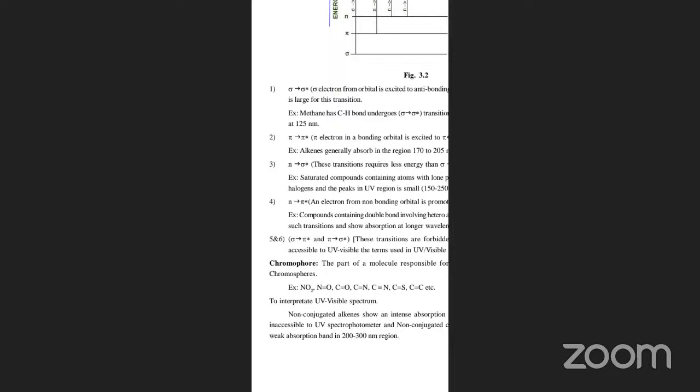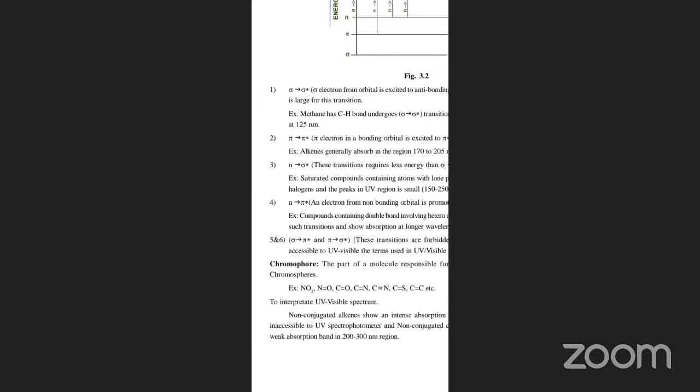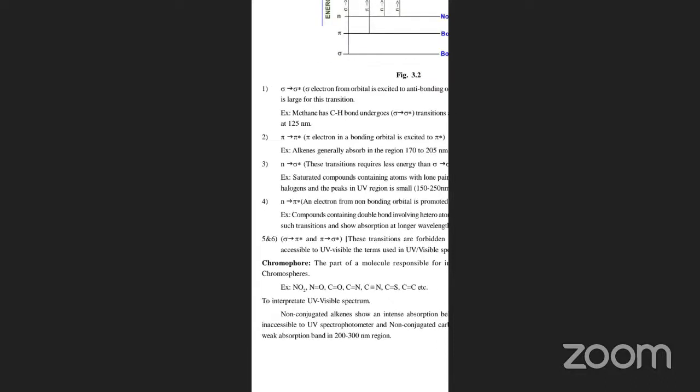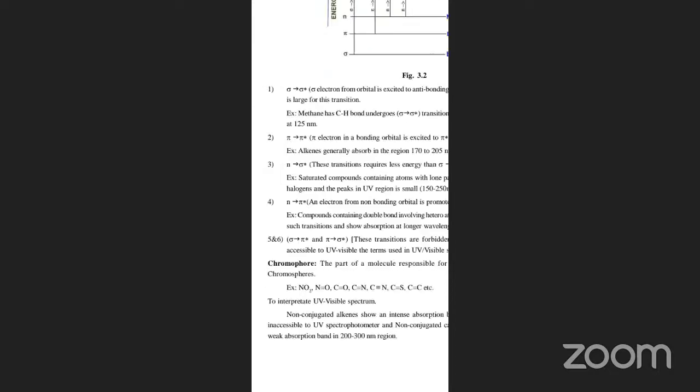To interpret the UV visible spectrum, non-conjugated alkanes show an intense absorption below 200 nm and are therefore inaccessible to the UV spectrometer, and non-conjugated carbonyl group compounds give a weak absorption band in the 200 to 300 nanometer region.